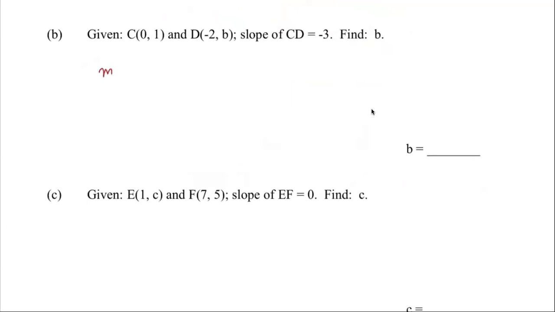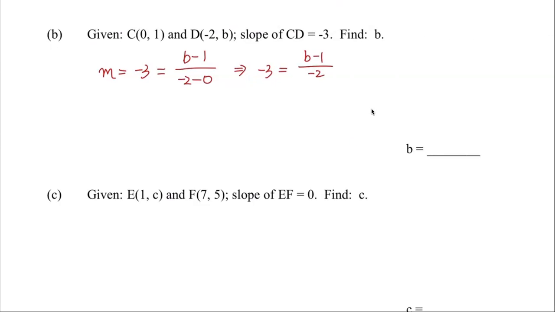The m is given, which is -3, and we know the slope formula: m is equal to (y2 minus y1) over (x2 minus x1). So this gives us -3 is equal to (b minus 1) over -2.